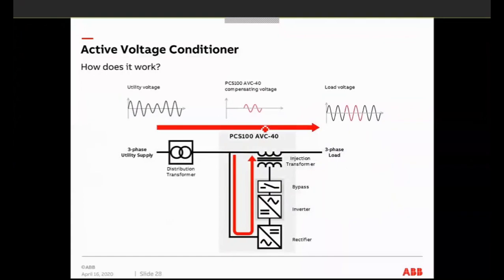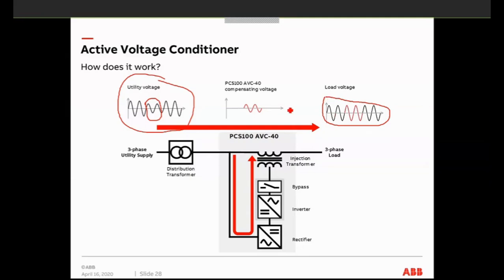Just to give you an idea, in a single line diagram, if we have a utility voltage here, and we have an under voltage problem, this will be detected by the product, and it will compensate whatever voltage percentage is required to give you premium power, or premium voltage.